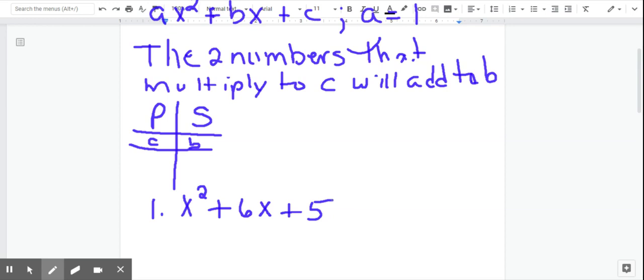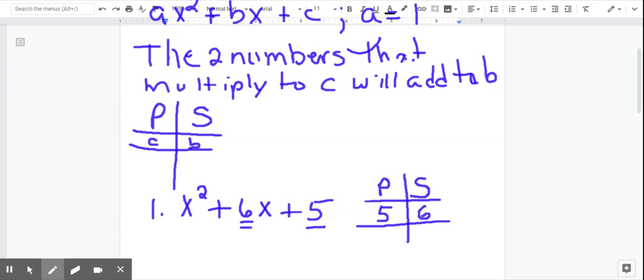Okay. So what do we want? We want two numbers that multiply to 5 and add to 6. So we make our table, product, sum. The product is the value of C, remember, so that's 5. The sum is the value of B, so that's 6.